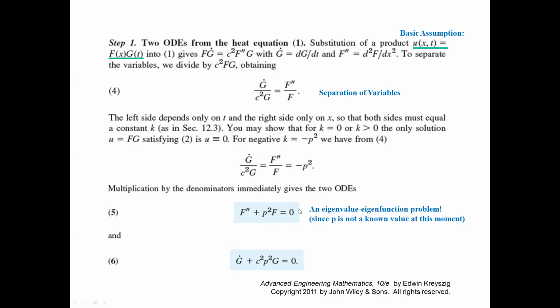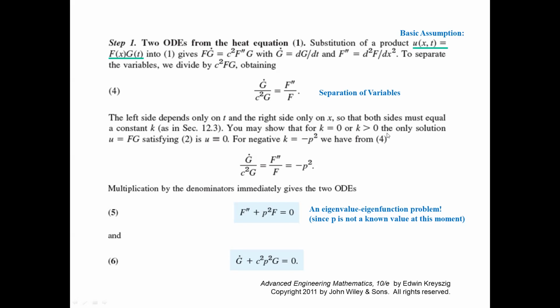We are not going to analyze all the three different cases like we did for the string vibration problem, because we have done so many cases in chapter 11. We concluded that for k greater than 0 and k equal to 0, we have trivial solutions.